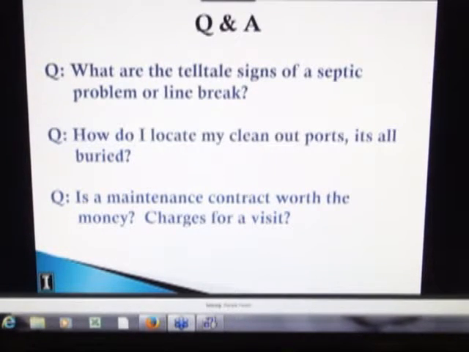Every 2 years you get a professional that comes out to your house, digs up the tank, makes sure the baffle's intact and everything looks like it's in working order, and you don't have any problems. Then you remove the solids, and you give your laterals a break.